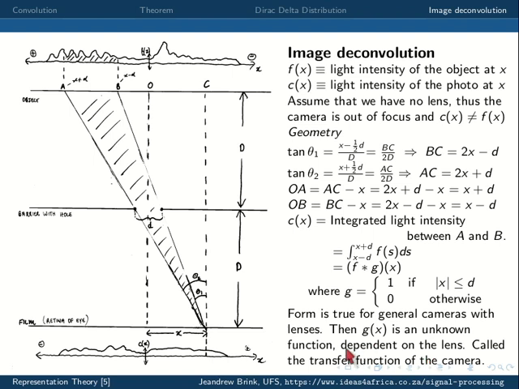We call this function the transfer function of the camera. It's a function that's dependent on the method you're imaging. If you're imaging with an X-ray, it also has a transfer function. In fact, you make a lens out of very special material. And sometimes the transfer function actually changes with frequency.